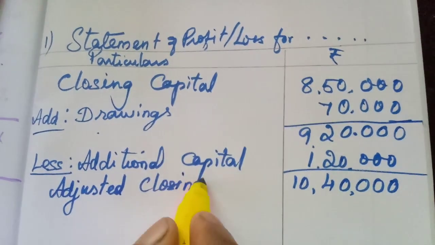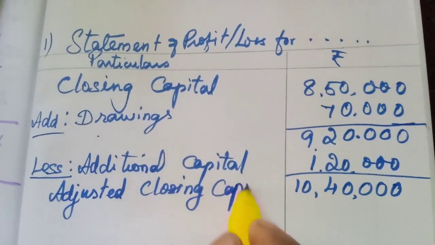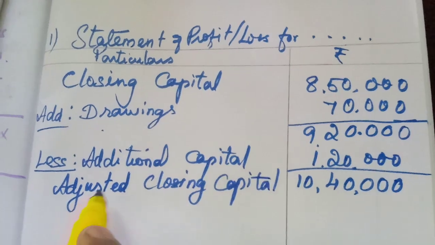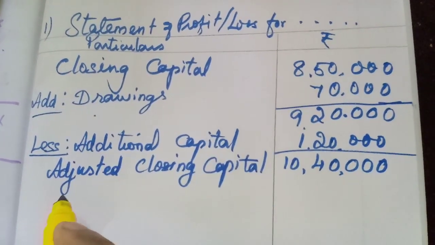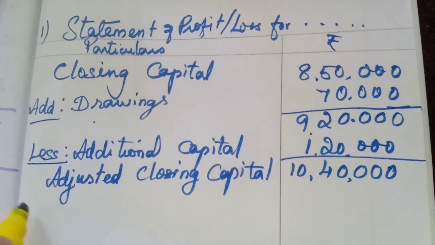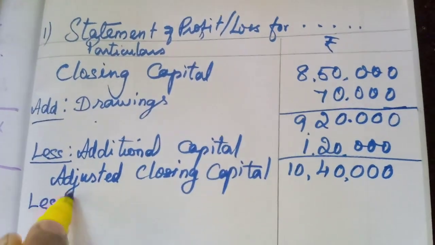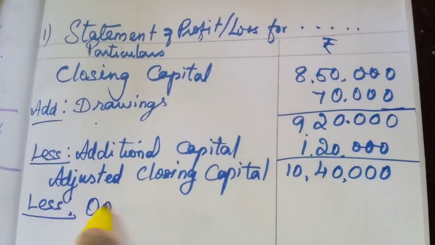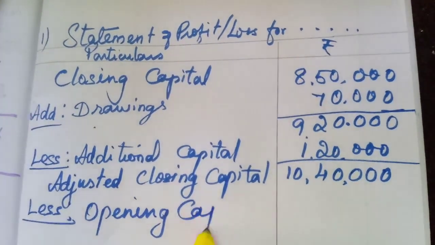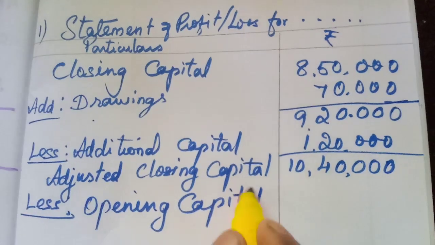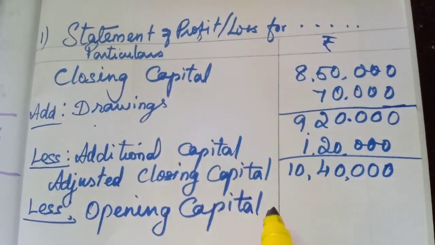We have adjusted the closing capital. So from this we have to deduct the opening capital. Less opening capital, what is the amount?